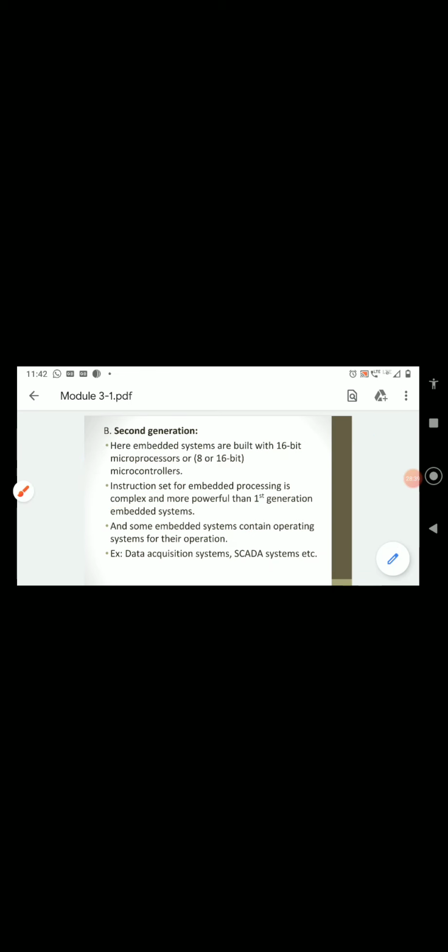Okay, now we'll see the third generation embedded systems. In the previous two cases, first and second, embedded systems were developed using 8-bit or 16-bit microprocessors or 8 or 16-bit microcontrollers.